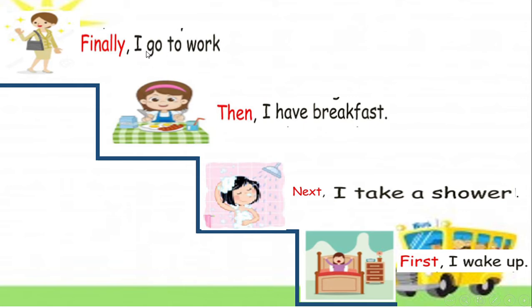Finally, I go to work. So, can you see here, my students, the organization, the order from down to the top? First, next, then, finally. These are the time sequence words.